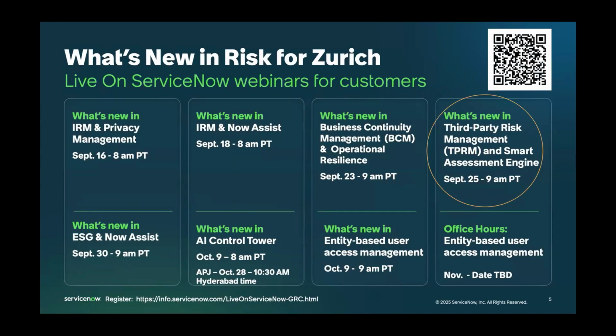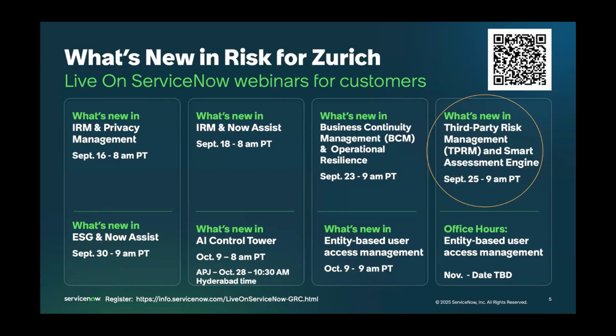Where we are now in the map of what's coming for all of the Live on ServiceNow sessions: we have covered IRM and privacy, IRM and Now Assist, as well as BCM and Ops Res. Today we are here to cover third-party risk as well as smart assessment engine, and we have additional sessions coming for ESG and Now Assist, for AICT, that's AI Control Tower, and entity-based user access management.